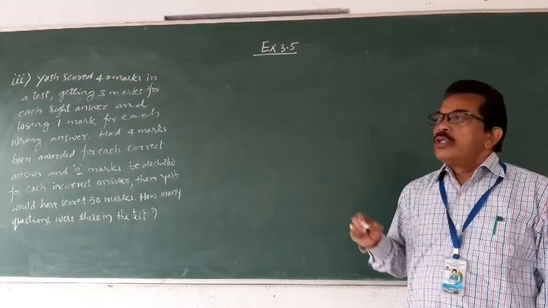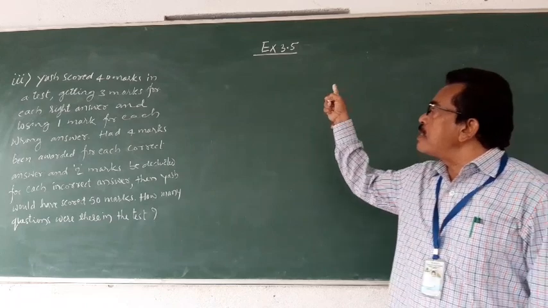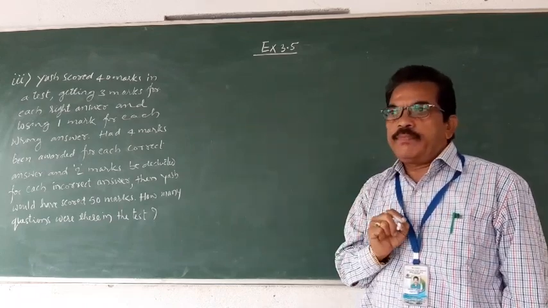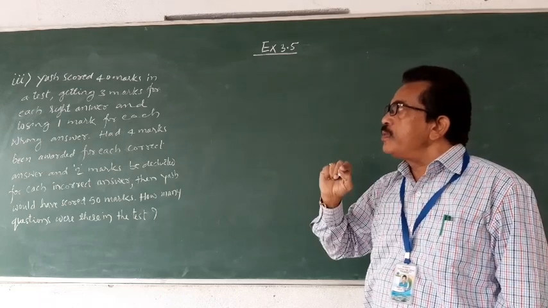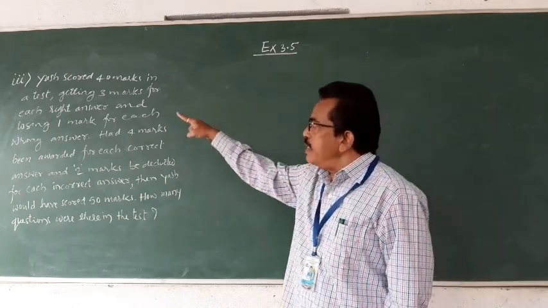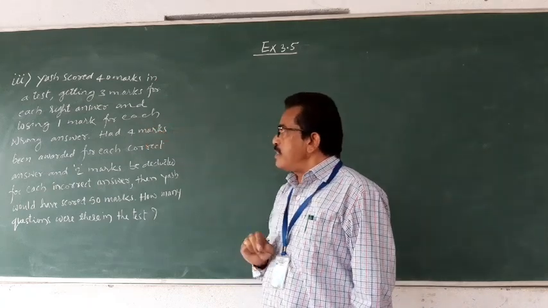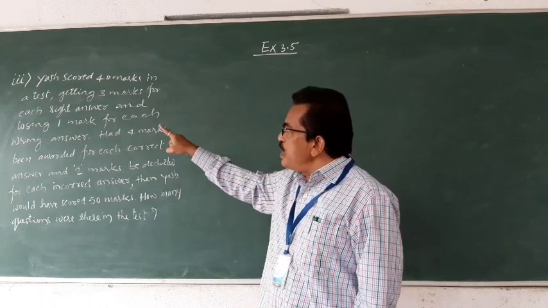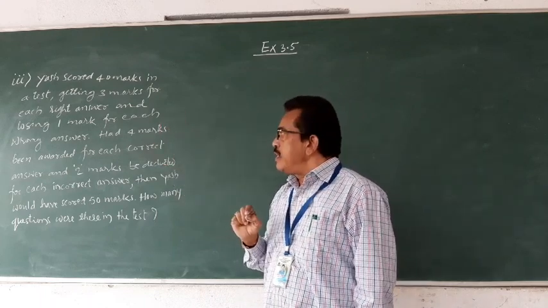Hello. Today we will continue exercise 3.5, third problem. Yash scored 40 marks in a test, getting 3 marks for each right answer and losing 1 mark for each wrong answer.